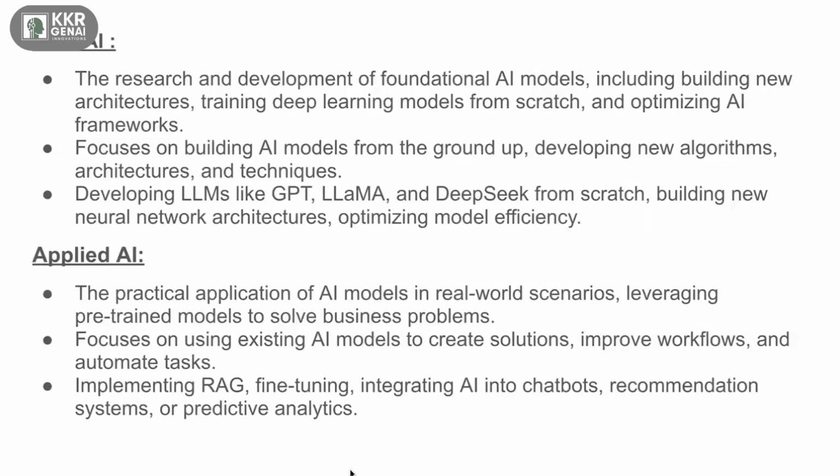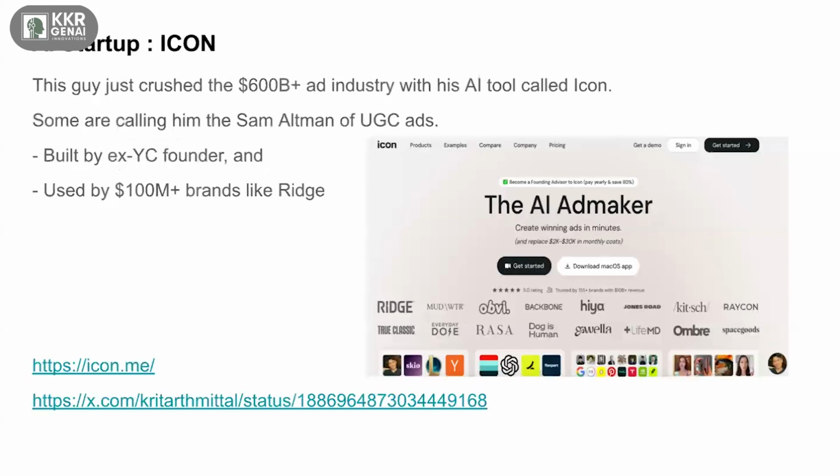If you have heard, there is a series of news on the relationship between OpenAI and Microsoft. If you want, we can go through that. And now I want to bring up one more piece of news to you guys. This is an AI startup called Icon.